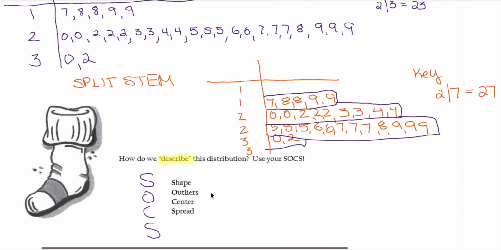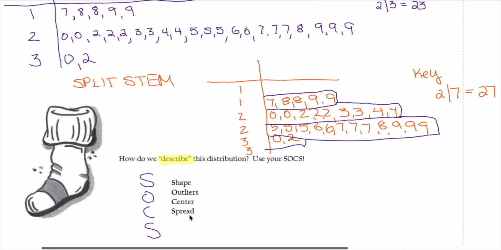Outliers generally means data that is out of the main trend of a distribution, which I will go in depth on later in the video. The center is where the mean or the median lies.